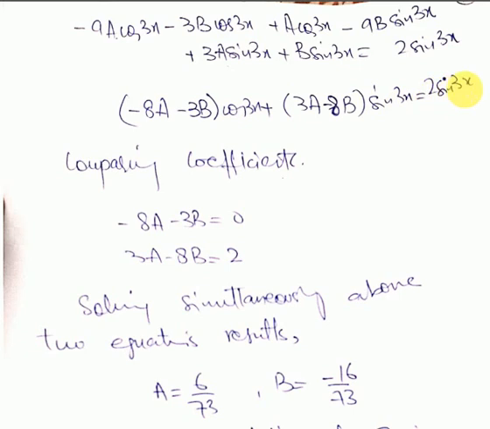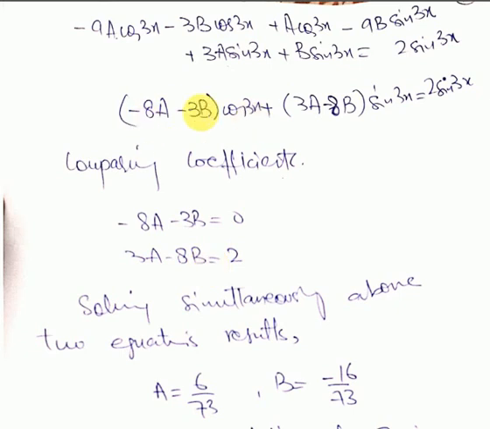Now, as in the last question, we will compare the coefficients of the like parts. The coefficient of sin 3x on the right is 2, and here it is 3a minus 8b, so 3a minus 8b is equal to 2.